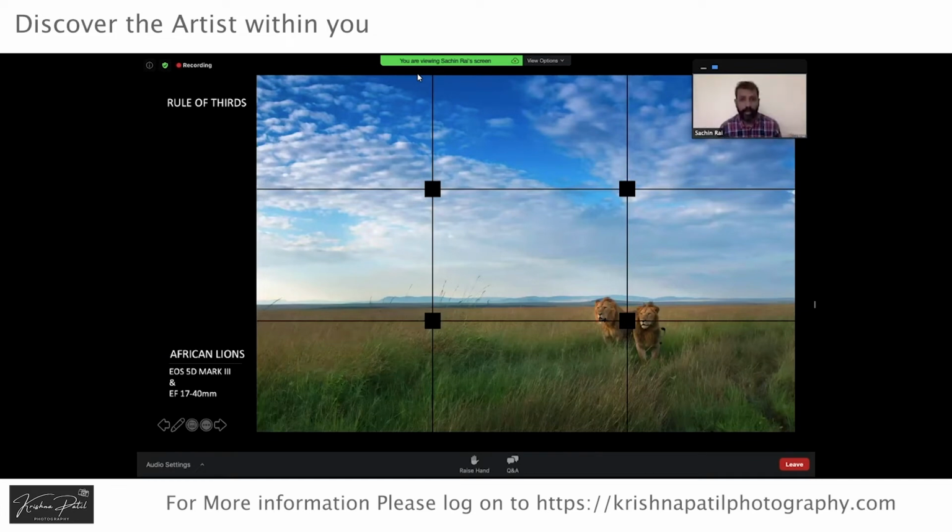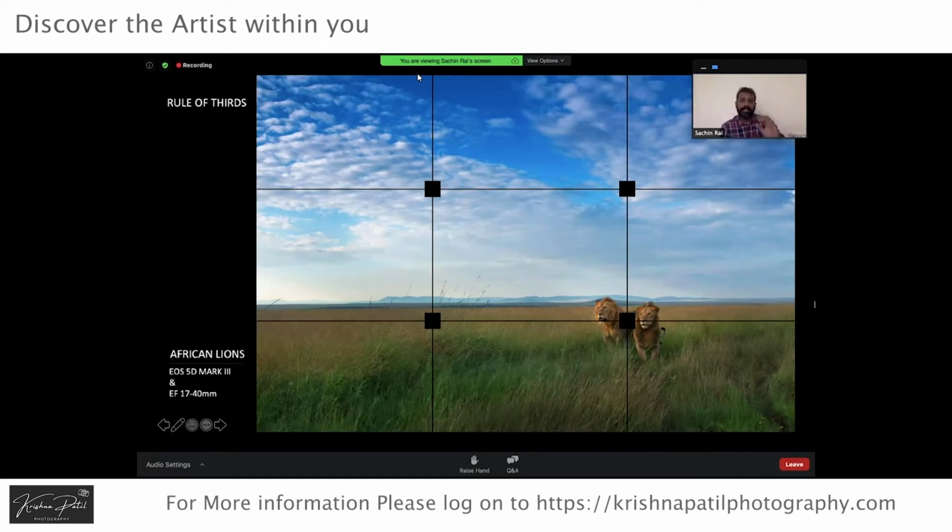Any of these dots is okay. Which of these dots you would want to use is something we'll talk about. But firstly, we need to understand that almost every picture, unless it's a tight portrait, which we'll come to, we will try to position our subject in one of these four points.